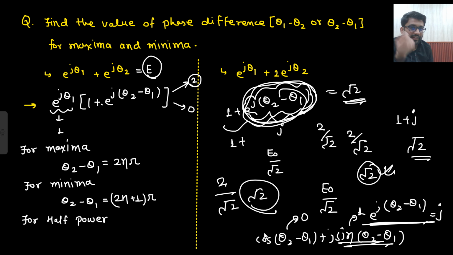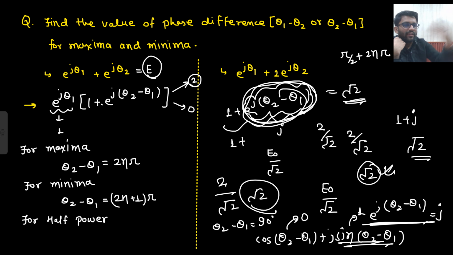At 90 degree. So theta 2 minus theta 1 you need 90 degree. Say yes or no? Are you understanding this point or not? At half power you need this to be 90 degree. 90 degree plus 2 pi, that means pi by 2 plus 2n pi. This is what you require.